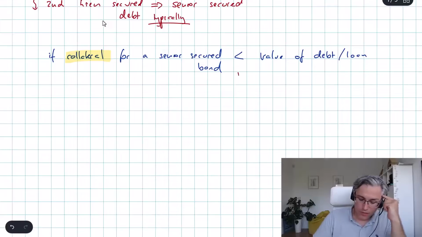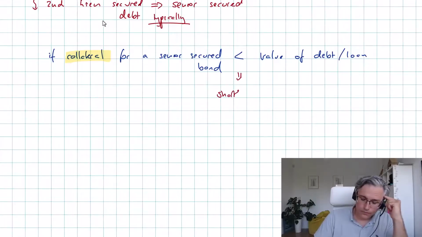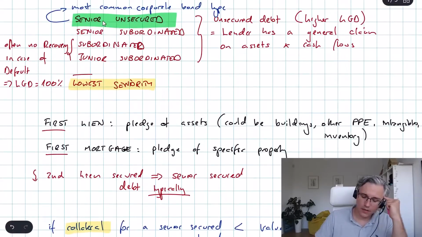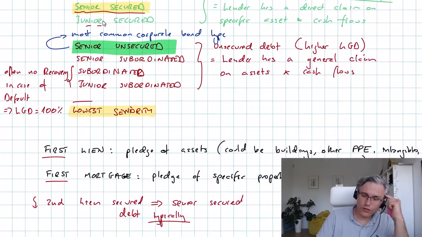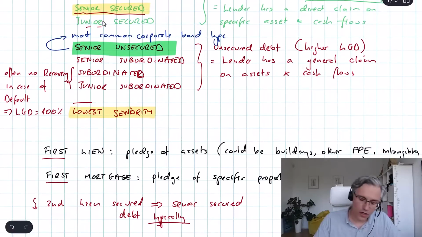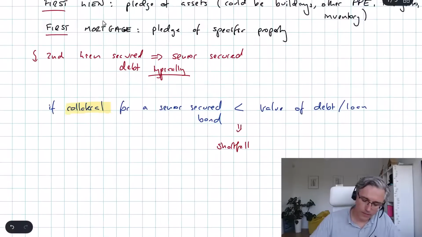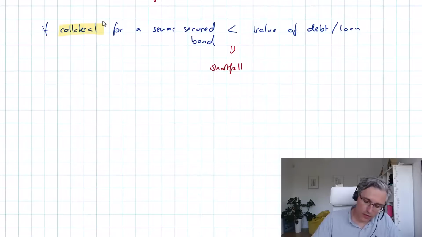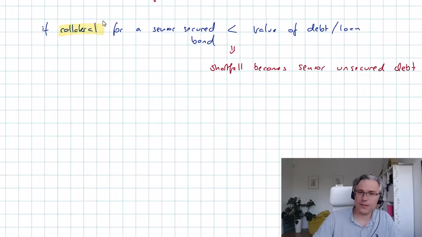Whatever proves to be the shortfall doesn't automatically, I don't know, become junior secured or something like that. No, it becomes senior unsecured. So over here, shortfall transitions or becomes senior unsecured debt, simply to be satisfied out of whatever is left once the secured assets that were pledged as collateral have been sold off.